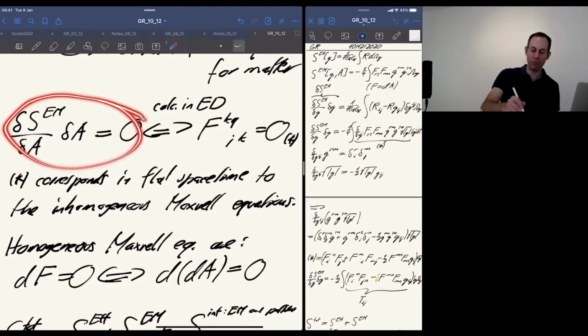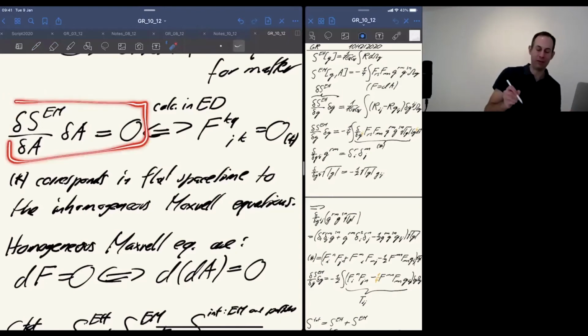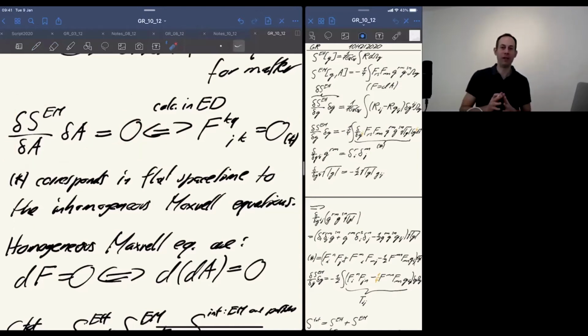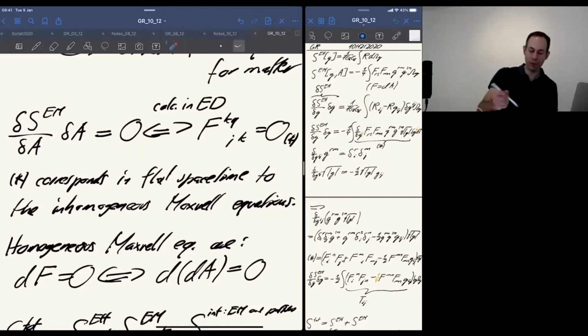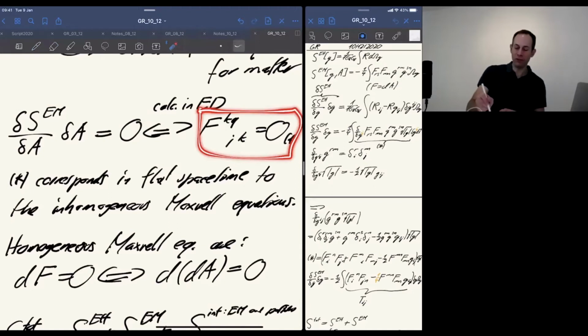This is essentially the postulate that everything can be obtained from a variational principle, and if we take the electromagnetic action, we get the correct law of time evolution for the electromagnetic field. Now, let's suppose you didn't know about Maxwell's theory, you would just take this derivative and you get this equation here. Now, this equation is fully general.